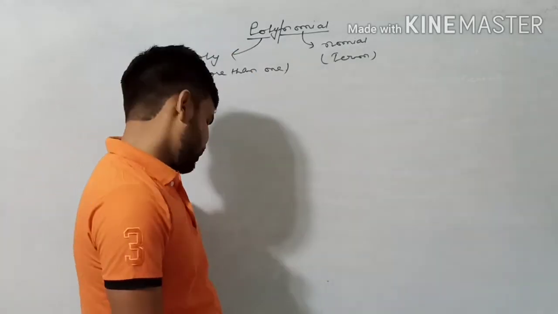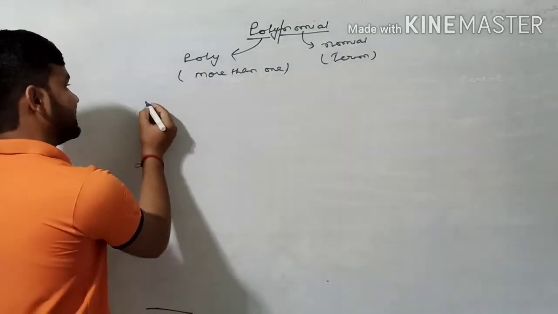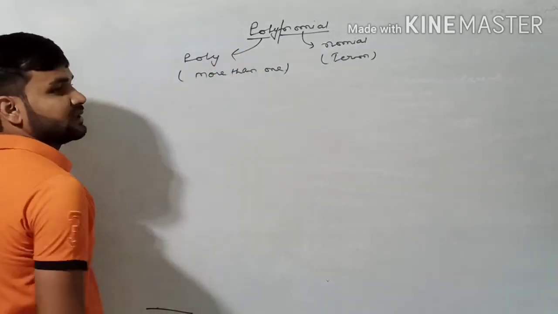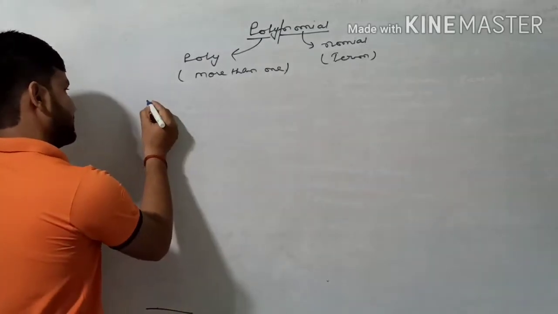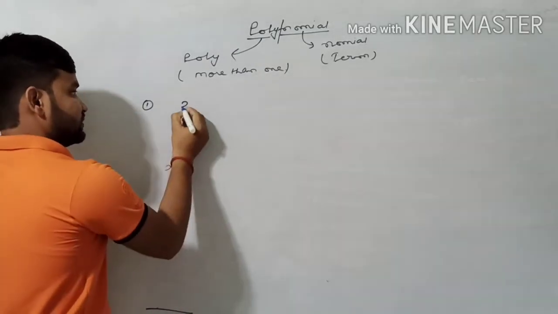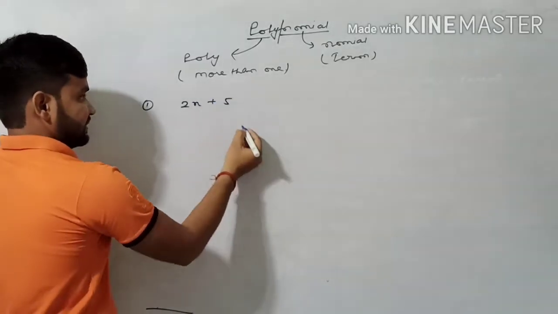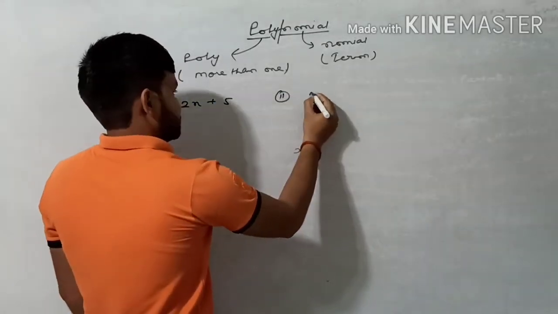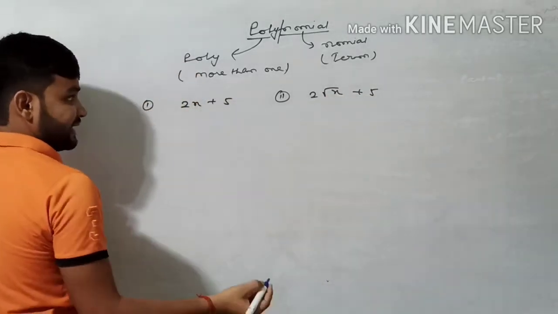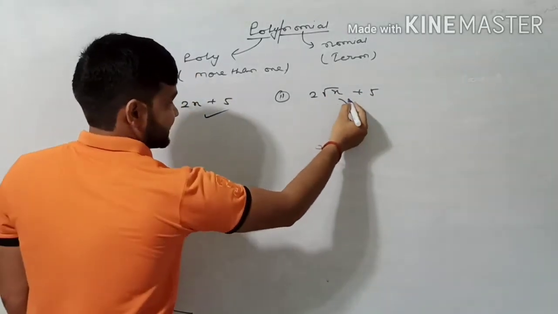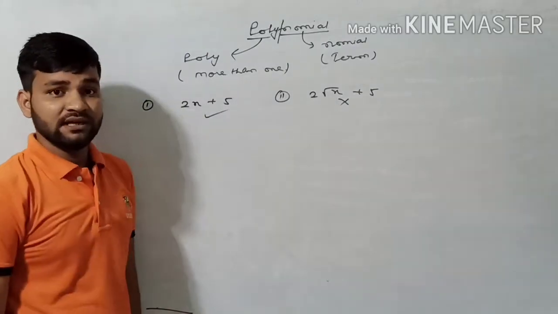That means this does not completely explain the concept of polynomial. If we write 2x plus 5, and secondly 2 root x plus 5, then I say that the first is a polynomial and the second is not. How do we know that?